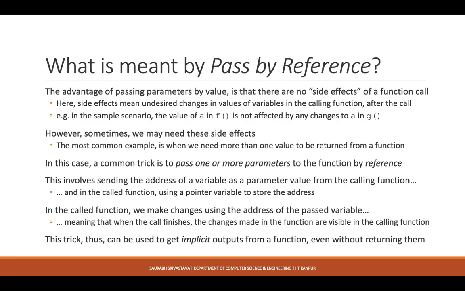So parameters play dual roles here. Not only do they pass inputs to a function, they are also used to receive outputs from the function, because the called function simply changes the values at their memory addresses in order to make these changes visible to the calling function.